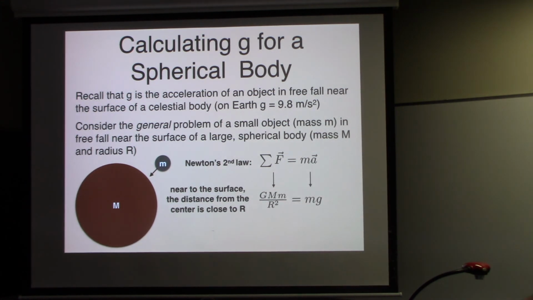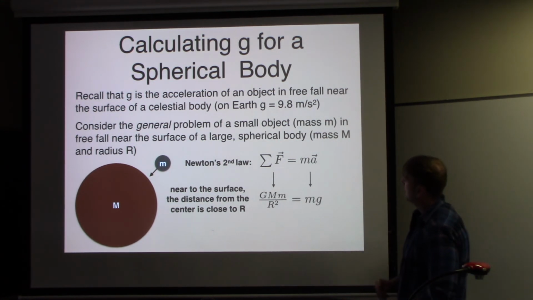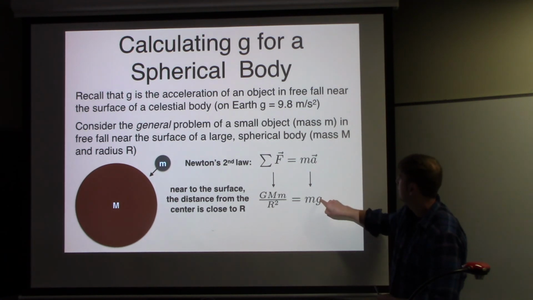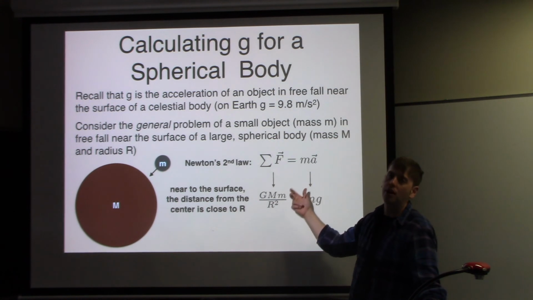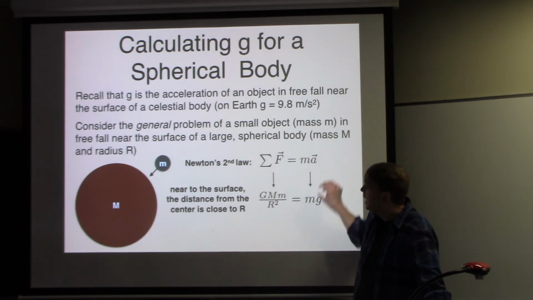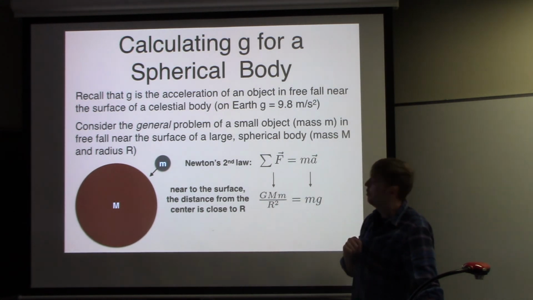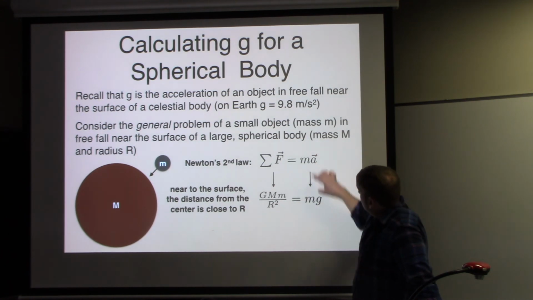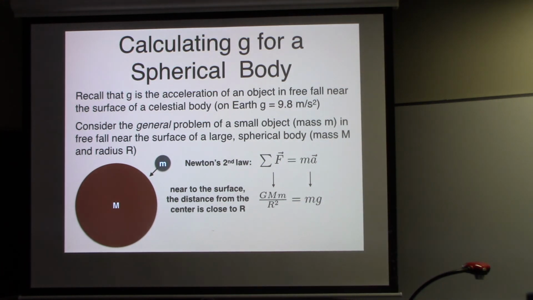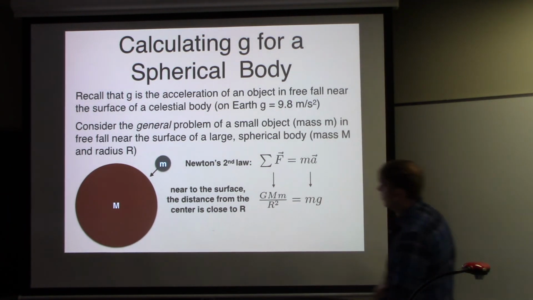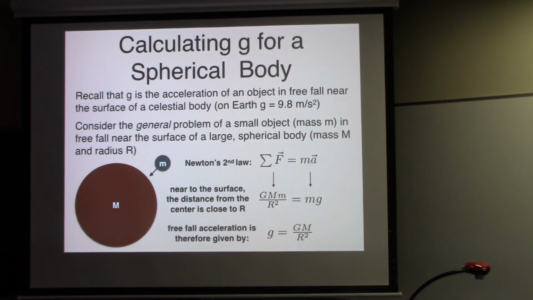On the other side, where we have mass times acceleration, I'm going to plug in g for the acceleration, because g is just a special case of acceleration. It's just the name we give to acceleration when something is in free fall. And it's really simple: little m cancels out, and what we get is that the free fall acceleration is given by big G, big M divided by R squared.